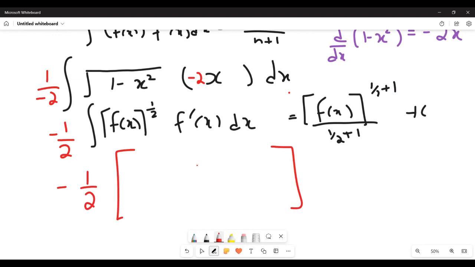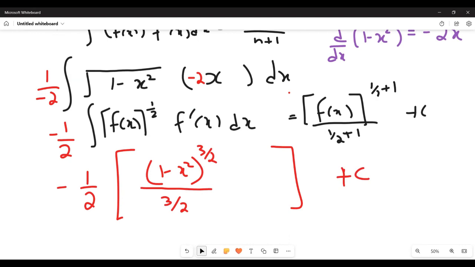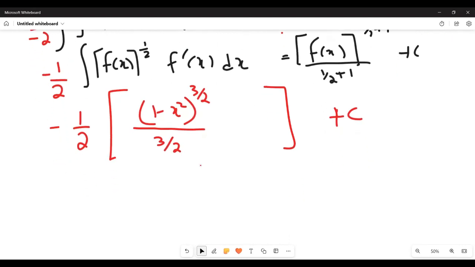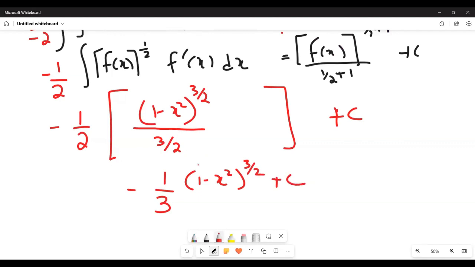The result of integration is (1 minus x square), power is half plus 1, which is 3 upon 2. And in the denominator, we also have 3 upon 2. And then plus c outside. So we get minus 1 by 3, (1 minus x square) power 3 upon 2 plus c.